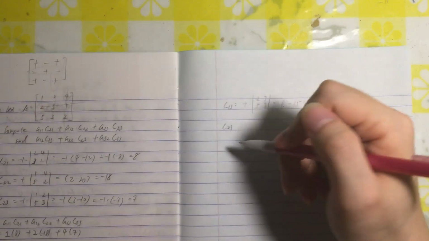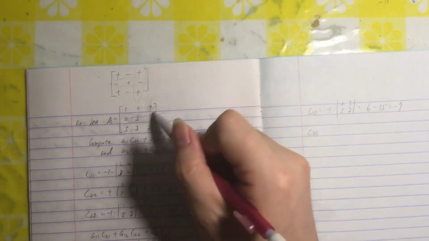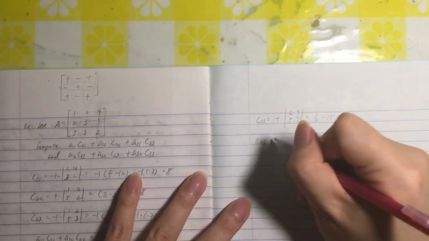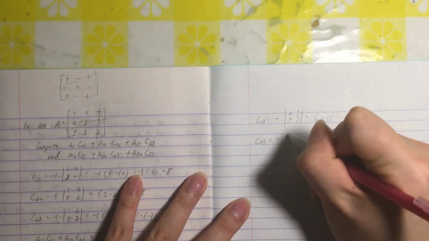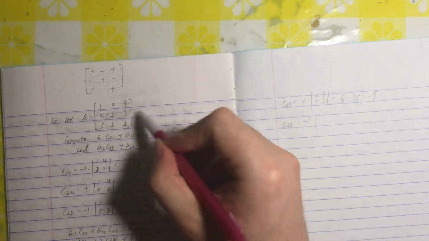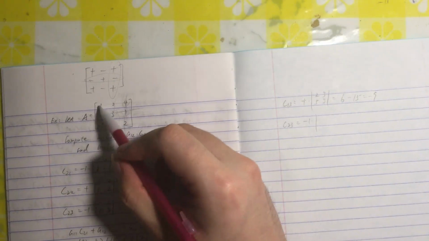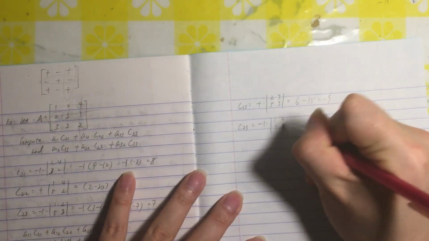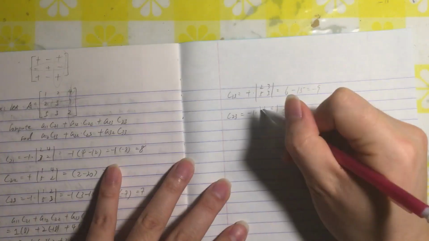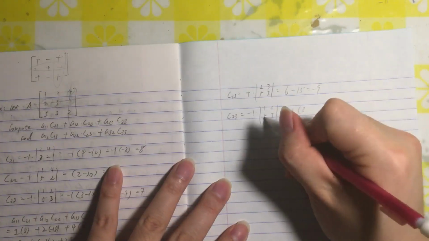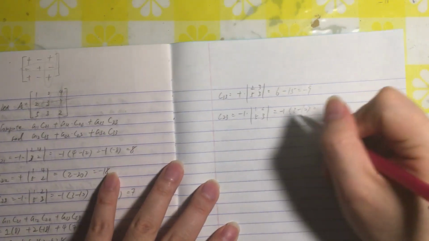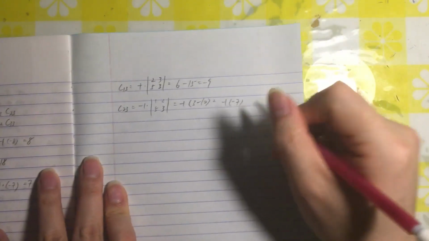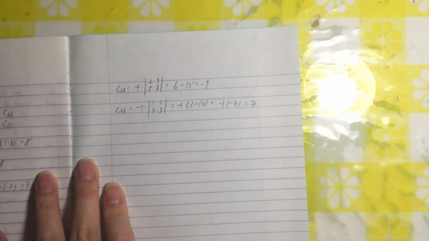For C23, we cross out the second row, third column. Here the sign is negative. The submatrix is 1, 2, 5, 3. Then take the determinant of the submatrix. 1 times 3 is 3. 5 times 2 is 10. 3 minus 10 is negative 7. Negative 1 times negative 7 is positive 7.